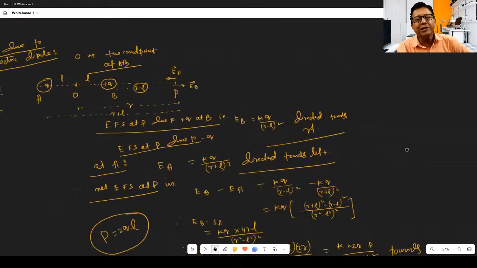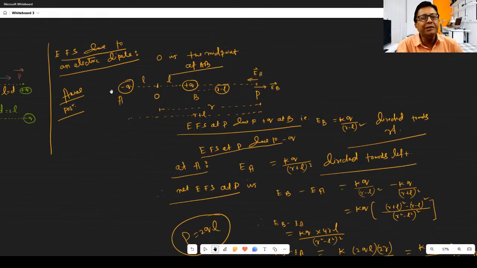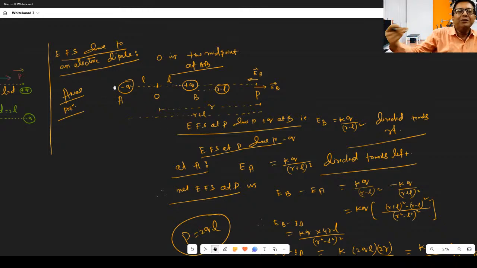Now one question. If we take the point here on the left side of A, what will be the direction? Towards left or towards right? It will remain towards right. Why? Minus q will attract, plus q will repel.